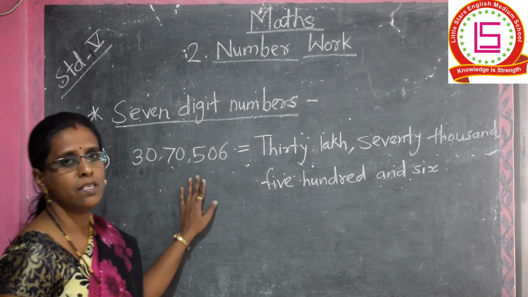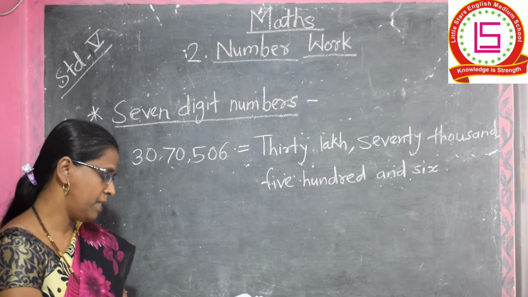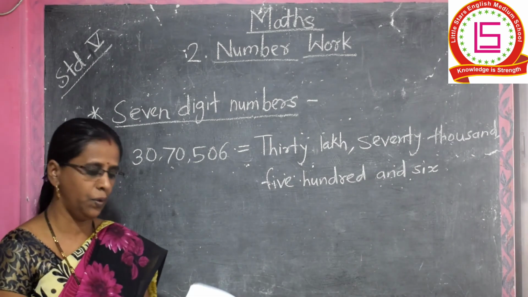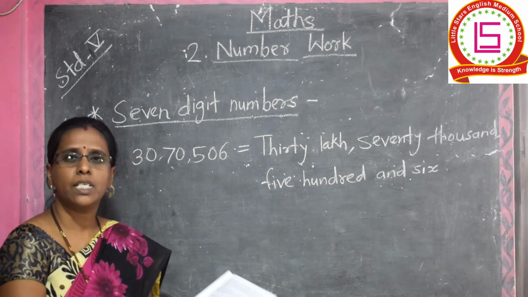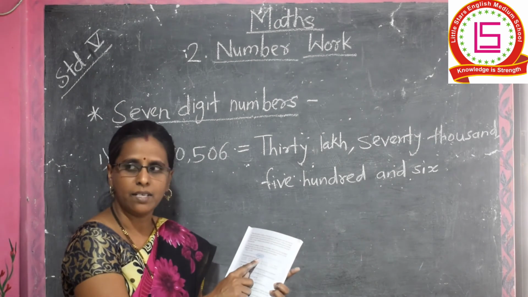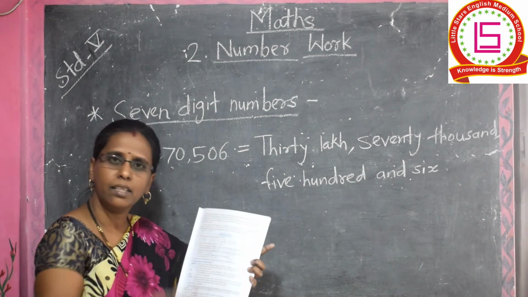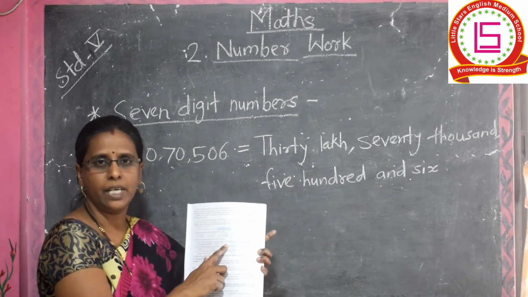Then see like this, you solve many examples. See here, problem set 3 and 4. In problem set 3, 3 questions are there. First question, read the numbers and write them in words. Then second, read the numbers and write them in figures.